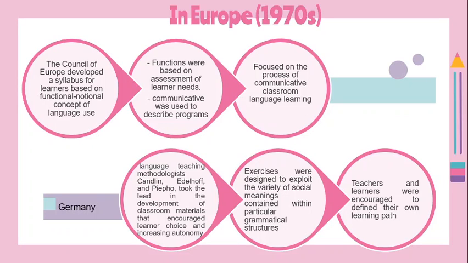It led the Council of Europe to develop a syllabus for learners based on a functional-notional concept of language use. It also shows that functions were based on assessment of learners' needs, and communicative was used to describe a program. Therefore, the focus on the process of communicative classroom language learning is presented here.